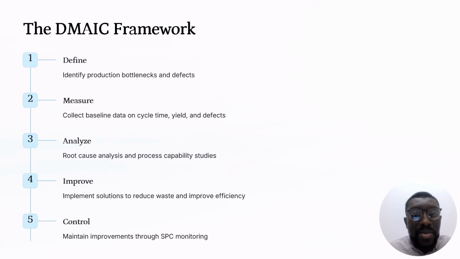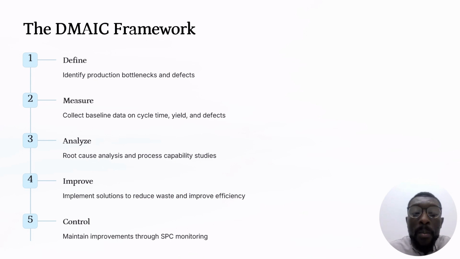And then after the measure phase, we go to the analyze phase, where we look at the root cause analysis and then the process capability studies. So that's where we focus on what the issue was, what didn't work, and what was actually the key factor in the analysis.